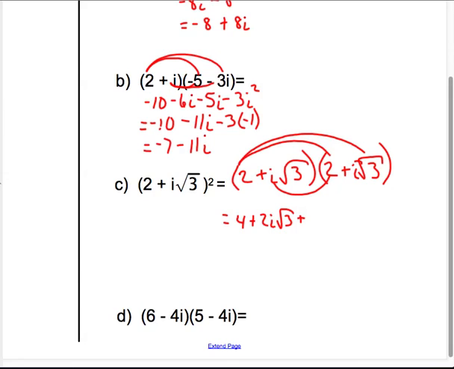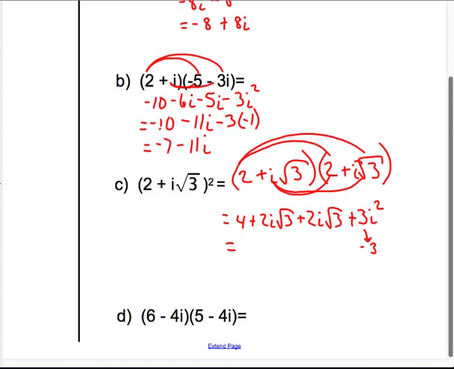Same thing here, 2i times the square root of 3. And then here, the square root of 3 times the square root of 3 is 3 times i squared. So simplifying this, remember the i squared is negative 1, so that becomes negative 3.